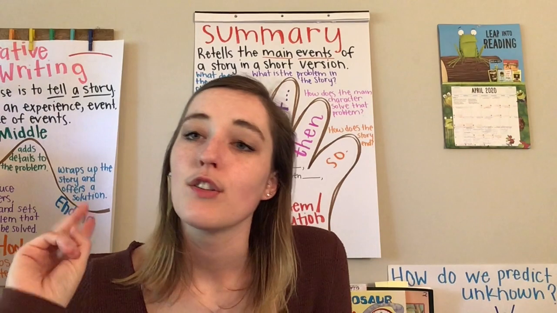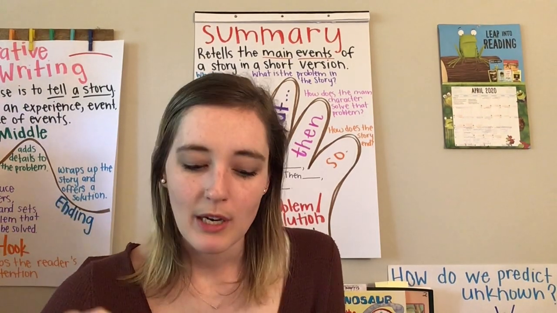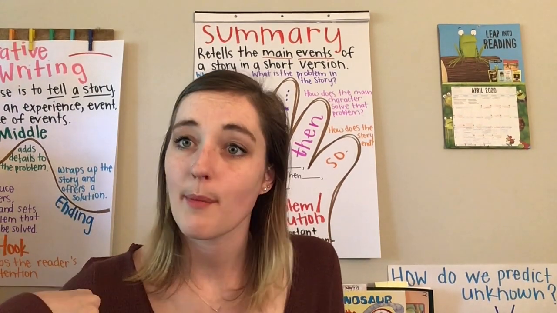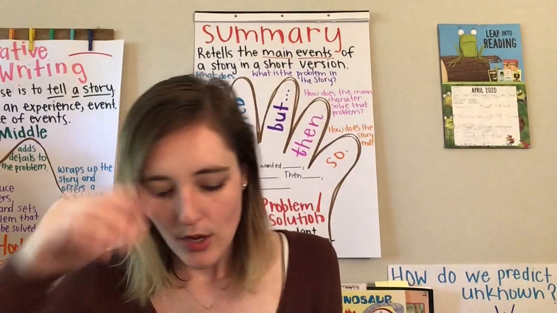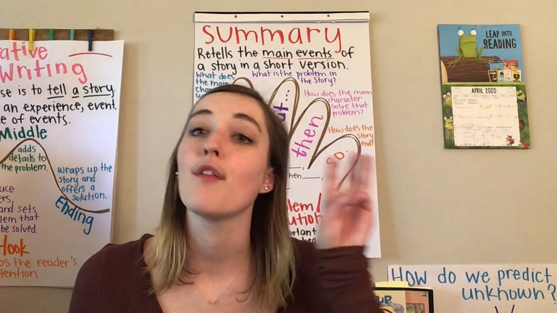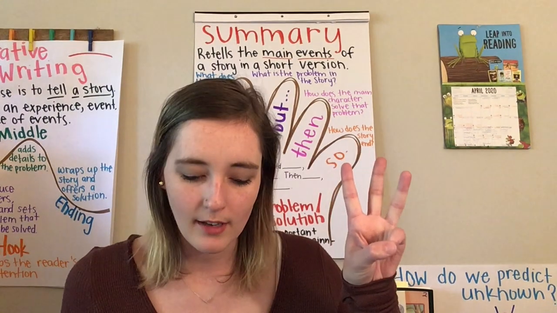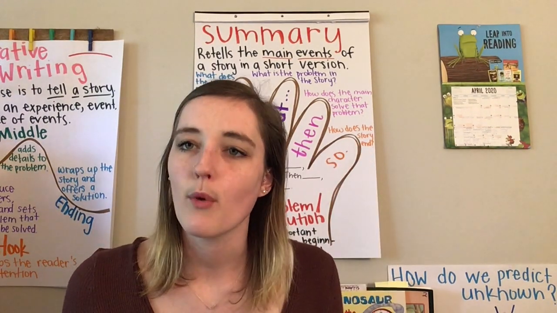After you've done your 5 key events and your summary, we're going to go to the question on the bottom. The question says, choose 3 key details to create a summary of the story so far. Put the events in time order, by writing a number 1 first and 3 last on the line next to the event. So what you need to do is pick out 3 key events from those details and then put them in order.